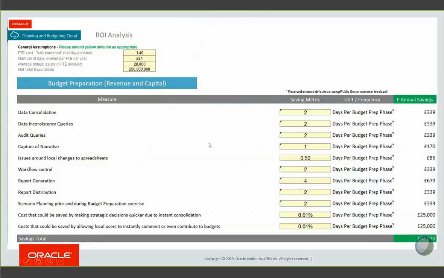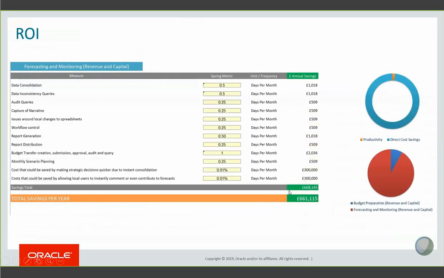We mentioned some ROI here, which was really quite compelling. This was not including the IT hardware savings or IT resource savings in terms of the cloud infrastructure, and still returns significant savings in terms of data consolidations and just being closer to the numbers.